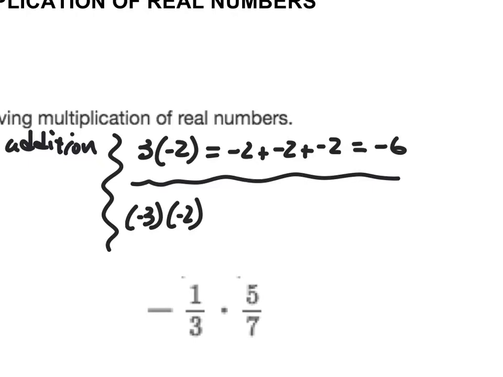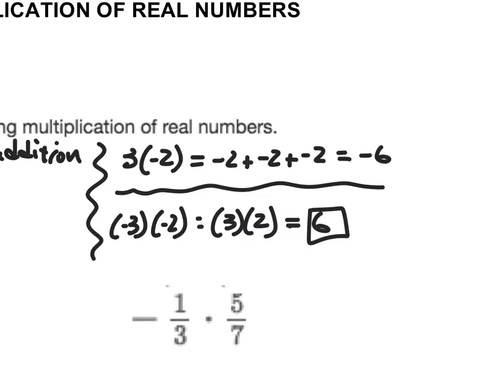So this comes out to be the same thing as 3 times 2, which gives you the value of positive 6. That's the why behind multiplying positive and negative numbers.